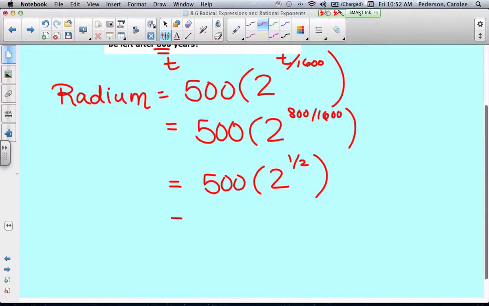Then 2 to the 1/2 power is a base of 2, index of 2 to the power. Now you would use your calculator and you would take the square root of 2. Well, the square root of 2 is approximately 1.414.